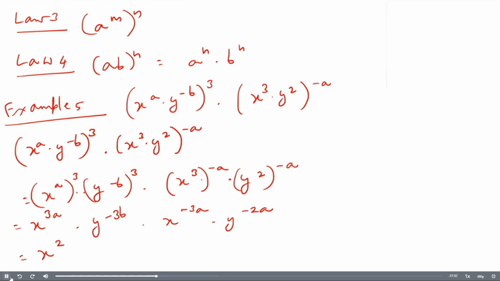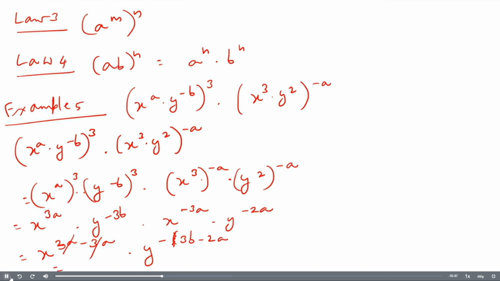So take the common base of x and take the power 3a minus 3a. You have to add, so you take the symbol as it is. You don't have to change the symbol. Into y to the power minus 3b minus 2a.